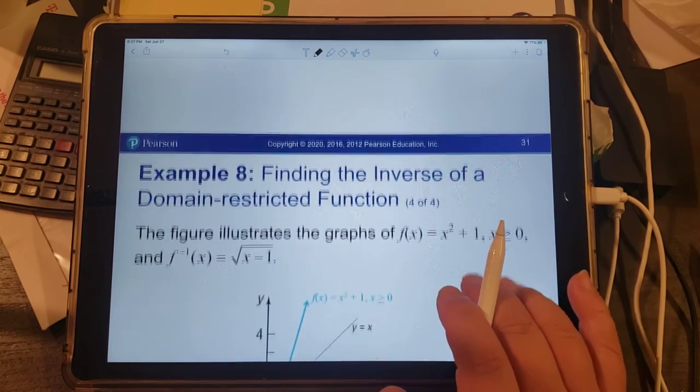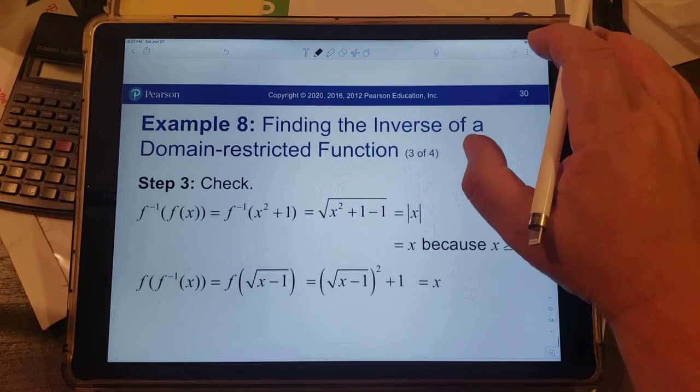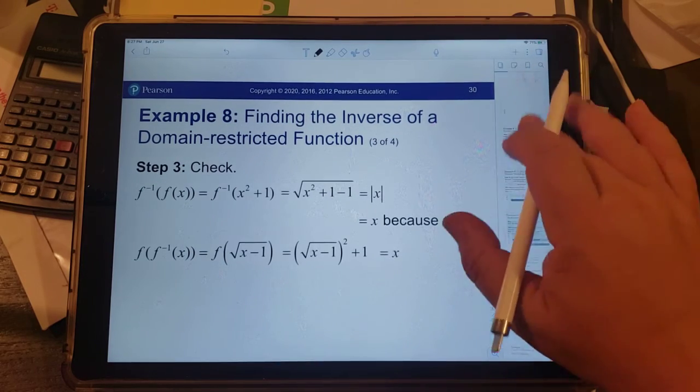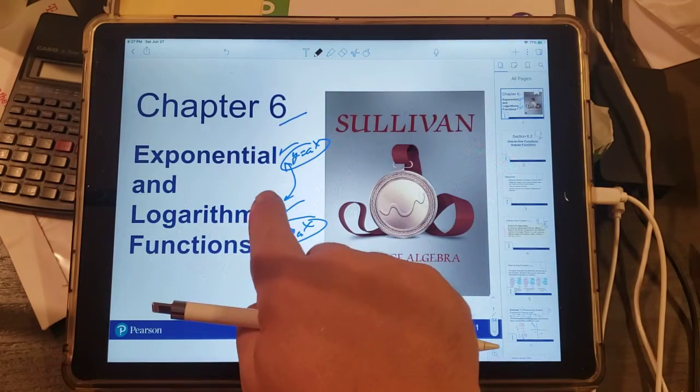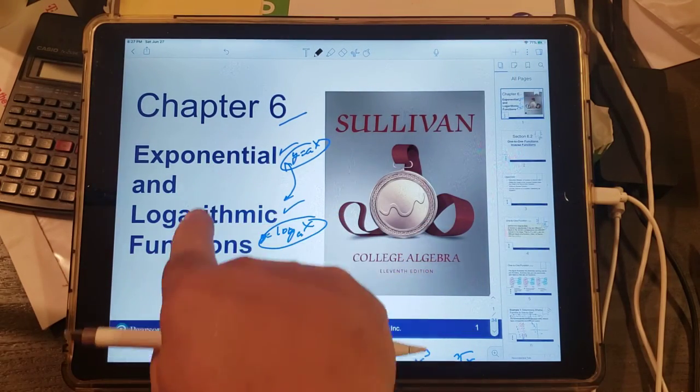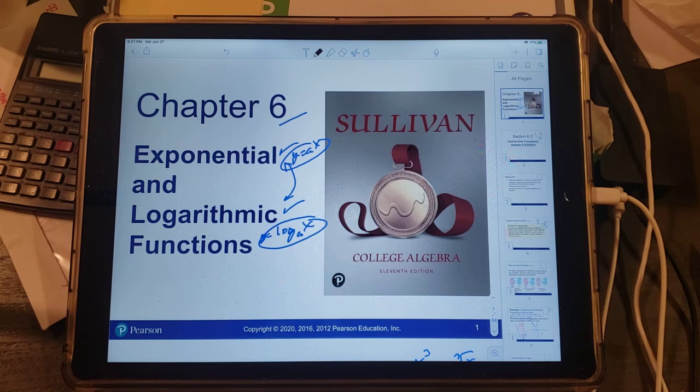Now, if you look at all of this and you say, rightly so, what does any of this have to do with the topic at hand, exponential and logarithmic functions? Well, you have to watch those videos to find out, or read the book or do the homework. But we didn't have any. They haven't introduced those functions yet.